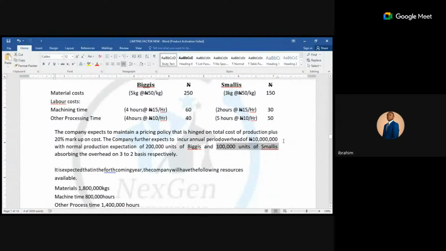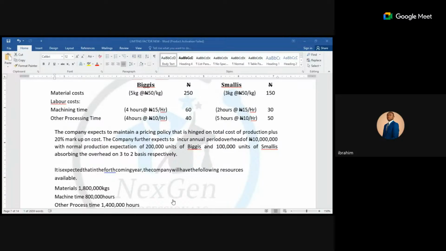Their total overhead is 10 million, and we need to determine the fixed overhead. What is the fixed overhead that you incur in biggies? Which one did you incur in smallies? Because there are 2 products, and it will now be absorbed.